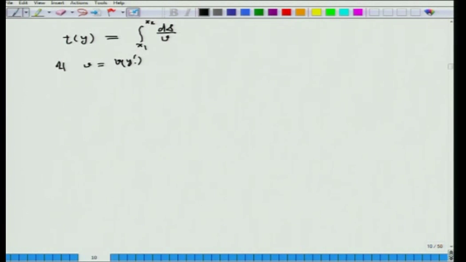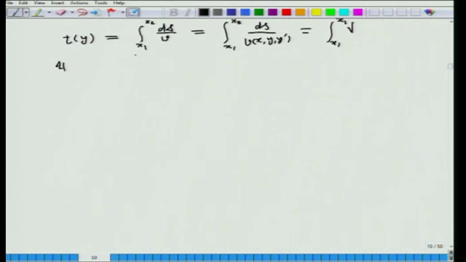So, let me write the general dependence. Usually this v would be a function of x, y and y prime, and so this would be the integral from x 1 to x 2 of square root of 1 plus y prime square over v of x, y, y prime, dx.